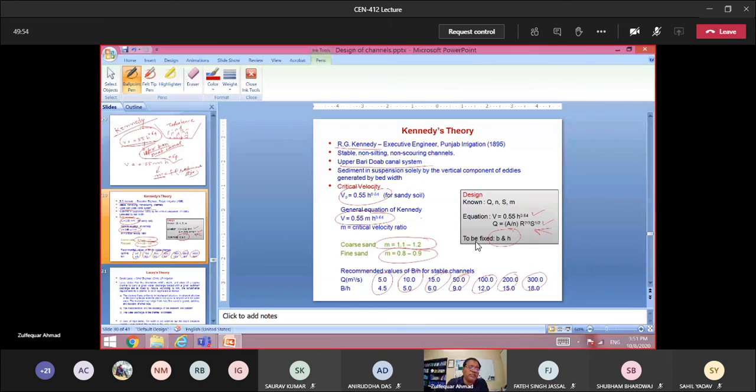But if you club this with the B by H for the different discharges, you can get the value of S also. So now you have two equations and the B by H ratio, and you can get the value of S. In a design problem, maybe S will not be given to you but B by H will be given, and then you can get the value of the slope. If you have any question, please let me know.